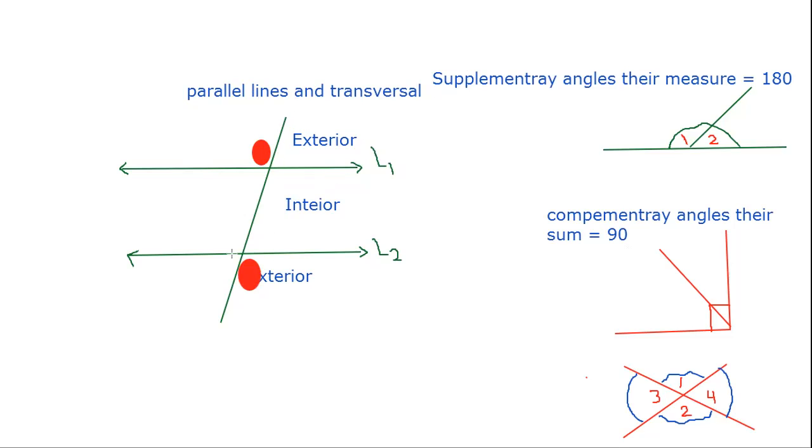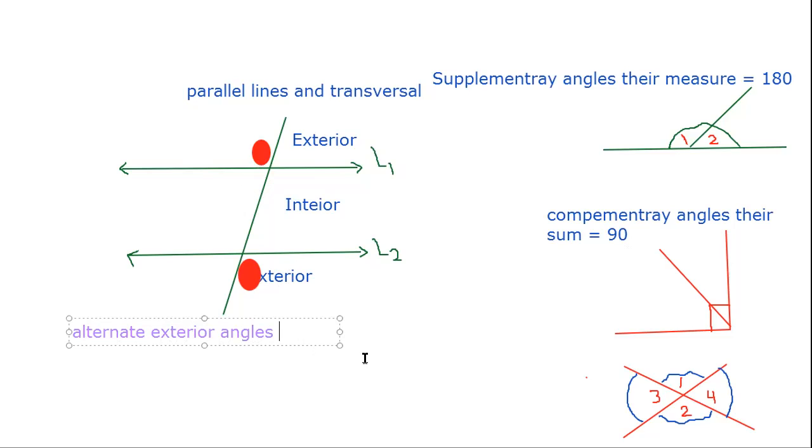This is the transversal, so we have one on the left side and the other on the right side. Because we have one on the right and one on the left, we can call those two alternate exterior angles. And this is the first type of angle which we are going to talk about today: alternate exterior angles.